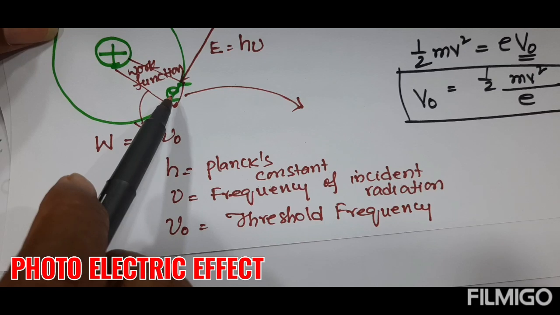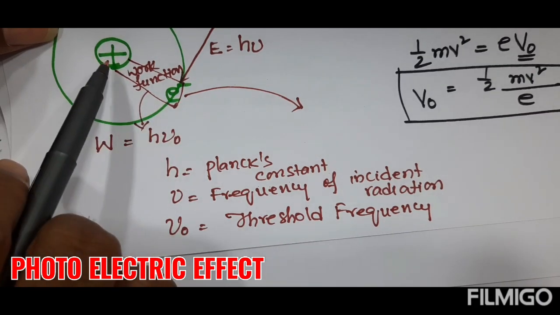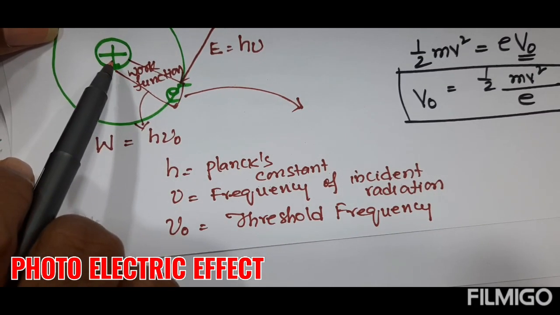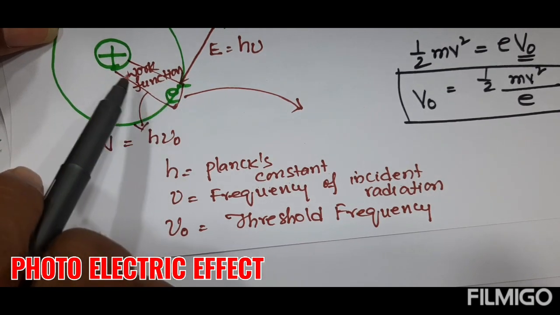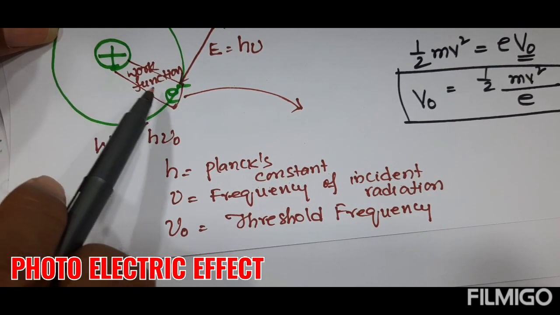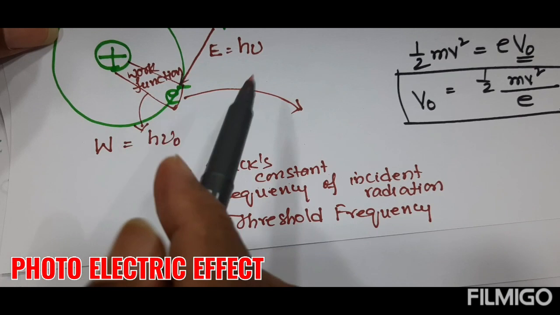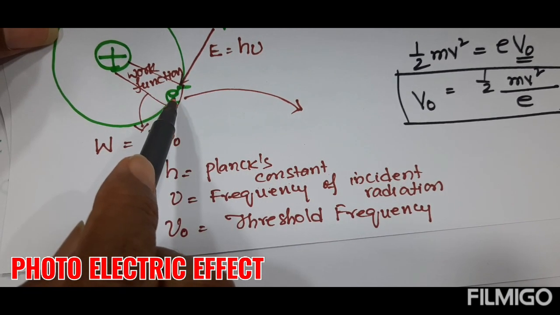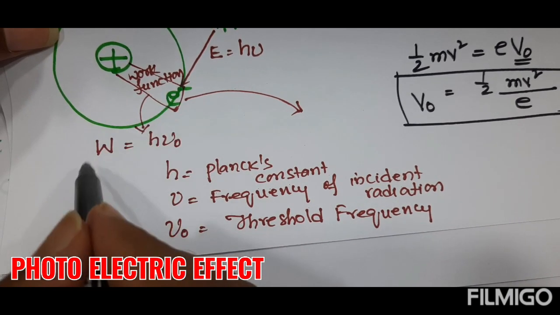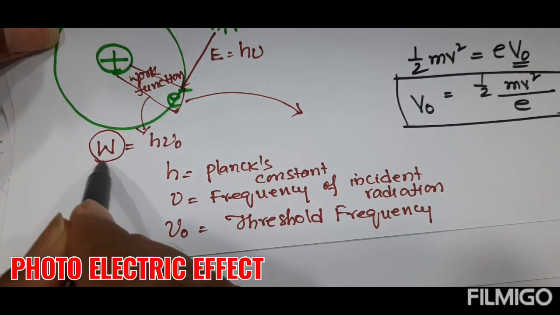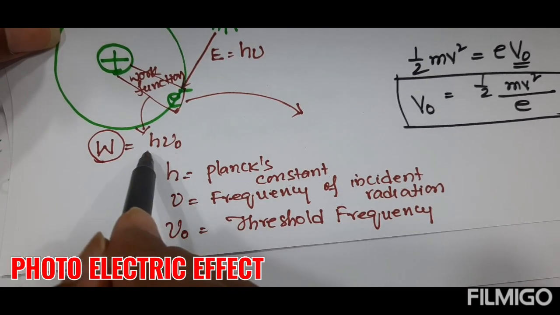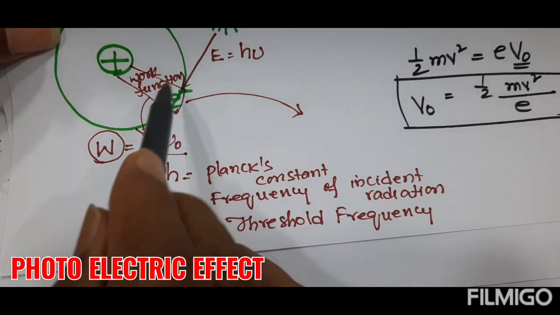This electron is under the influence of the nucleus, right? To overcome this nuclear attraction requires a certain amount of energy. That utilized energy is nothing but the work function. Work function is represented with consumed energy.